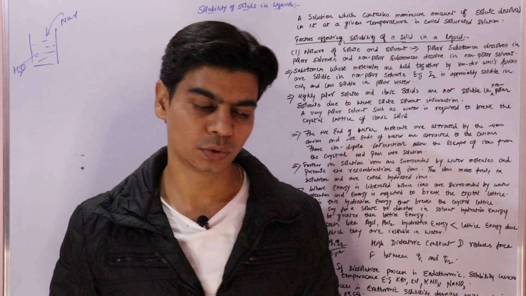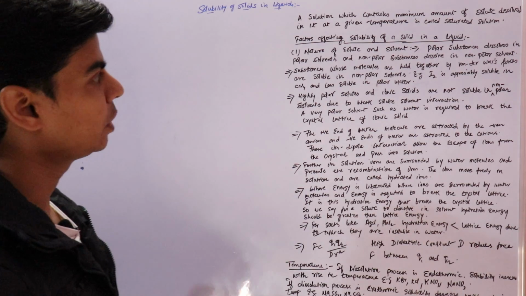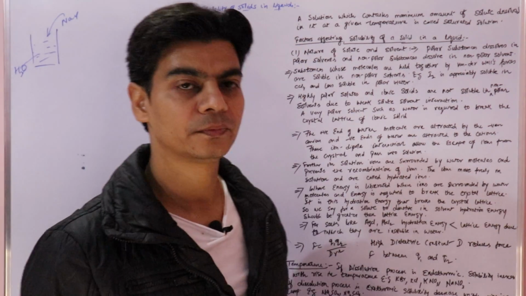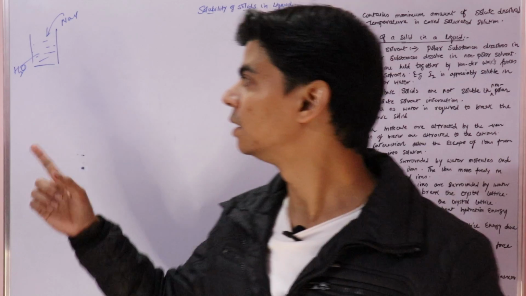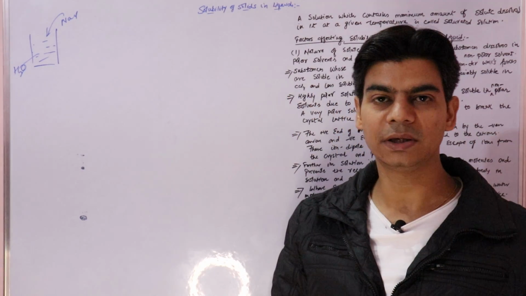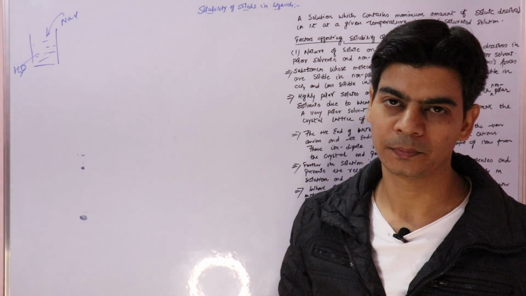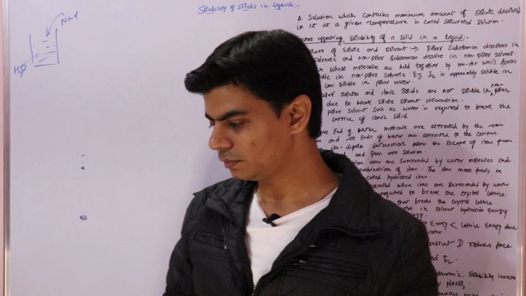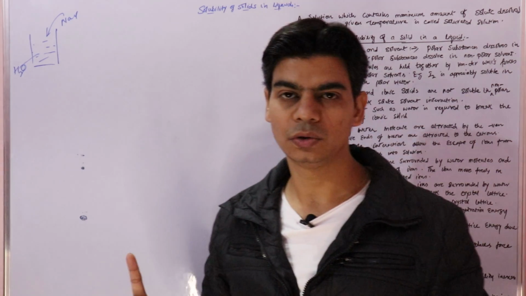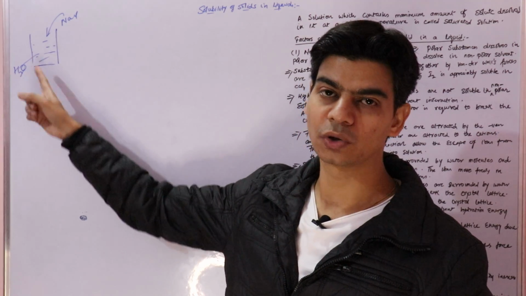The maximum amount of solute that gets dissolved in water at a constant temperature is known as its solubility in water. So a saturated solution is when sodium chloride will stop dissolving in water.